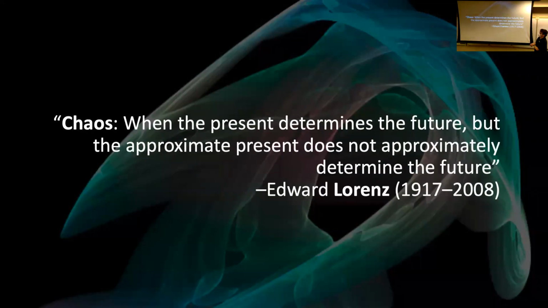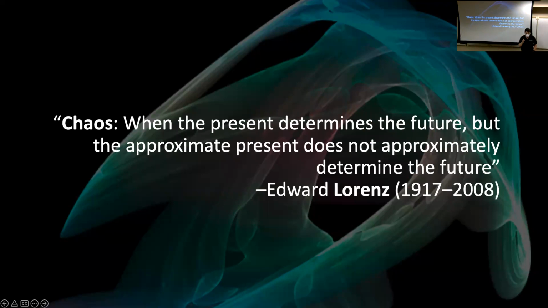All right, so this is Lorenz, the same Lorenz as before. His definition of chaos is when the present determines the future, but the approximate present does not approximately determine the future. The first part, present determines the future, means it's deterministic. There's no randomness.